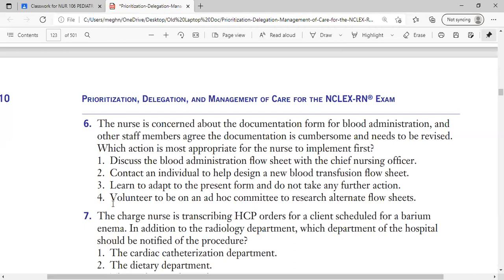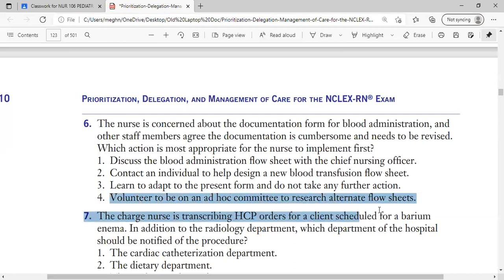Number 4, volunteer to be on an ad hoc committee to research an alternate flow chart. So the answer is basically number 4.